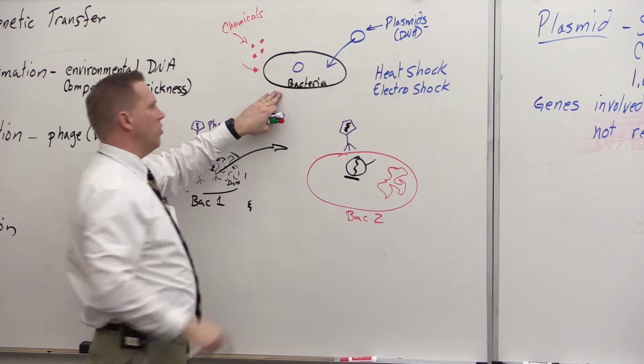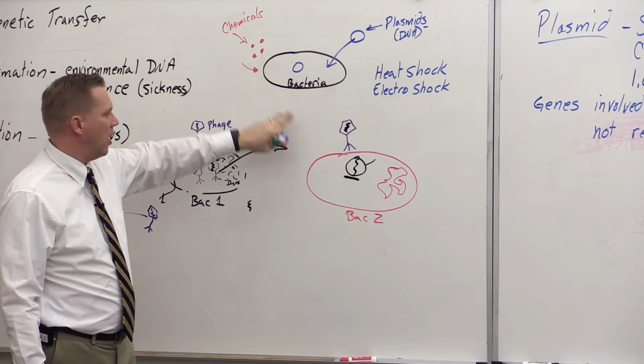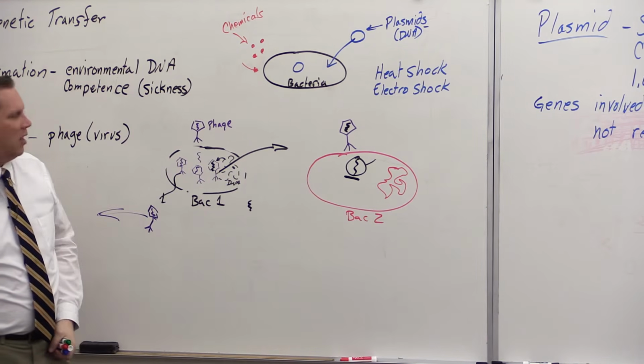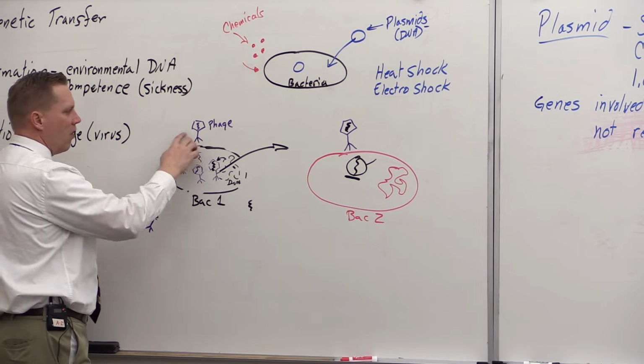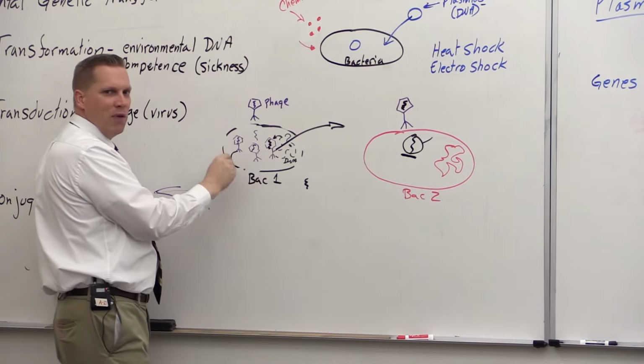This is a natural process, but we also use the process of transduction in the laboratory to do genetic engineering. What we do is we simply harvest the phage particles before they've been packaged.